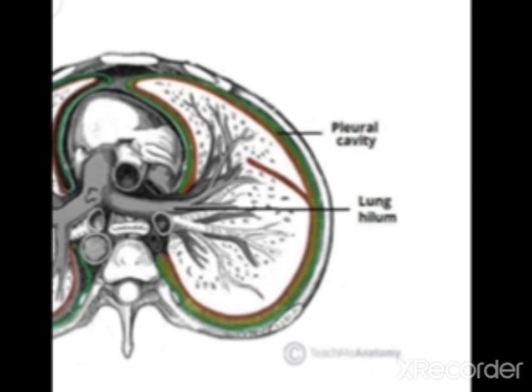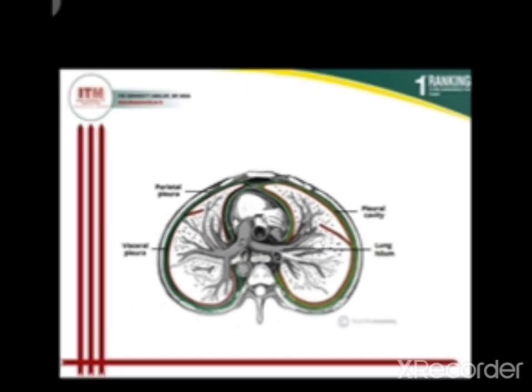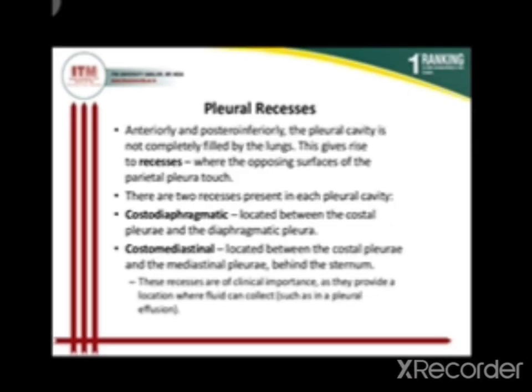Well, now next is the pleural recesses. Anteriorly and posterior-inferiorly, the pleural cavity is not completely filled by the lungs. This gives rise to recesses where the opposing surfaces of the parietal pleura touch.